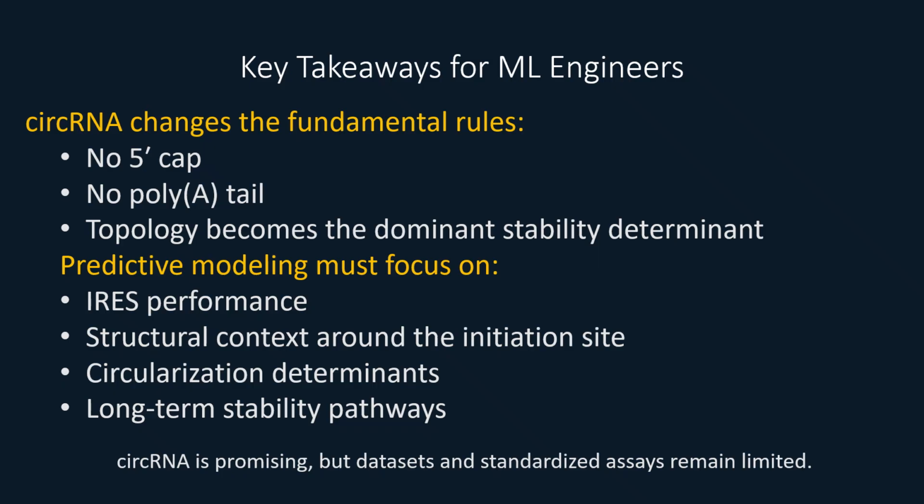For predictive modeling, that shifts the focus to IRES performance, structural context around initiation, circularization determinants, and long-term stability pathways, all those things. The platform is promising, but datasets are not that many, and assays are not super standardized, which means there is a significant opportunity for modeling and ML.